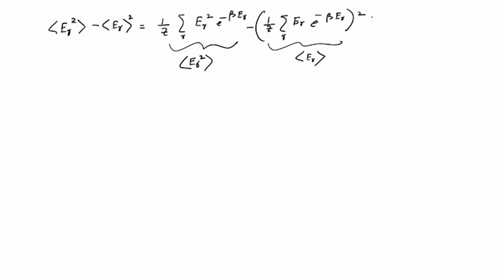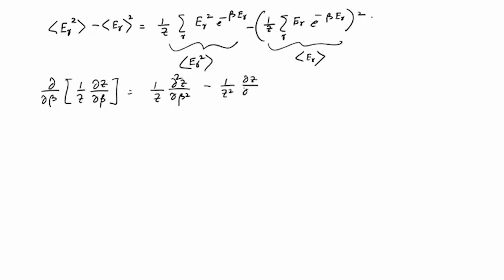All right. Now let us look at an identity, which is del beta of 1 over Z del Z del beta. If you look at that, it becomes 1 by Z, keeping the first term constant and differentiating the second one, plus a term with 1 over Z squared times del Z del beta squared. That is exactly what you have.